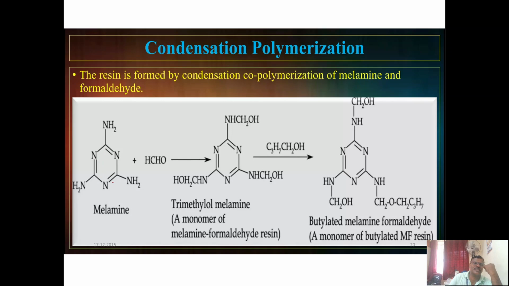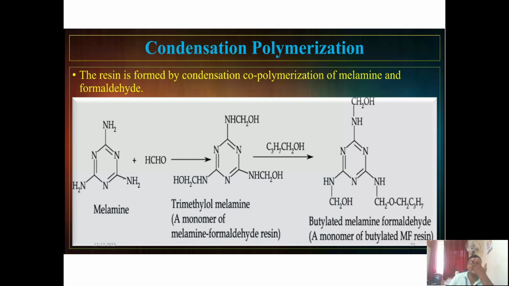There are three nitrogens and three carbons in the aromatic ring. It's like benzene where you replace three carbons with three nitrogens, and three amine groups are attached to the carbons of that ring, one amine here, another here, another here. This is called melamine.